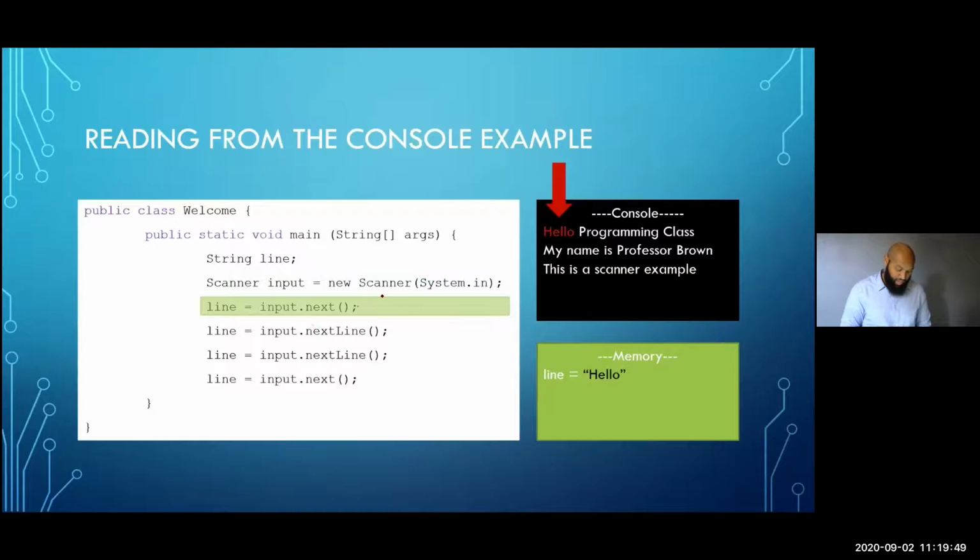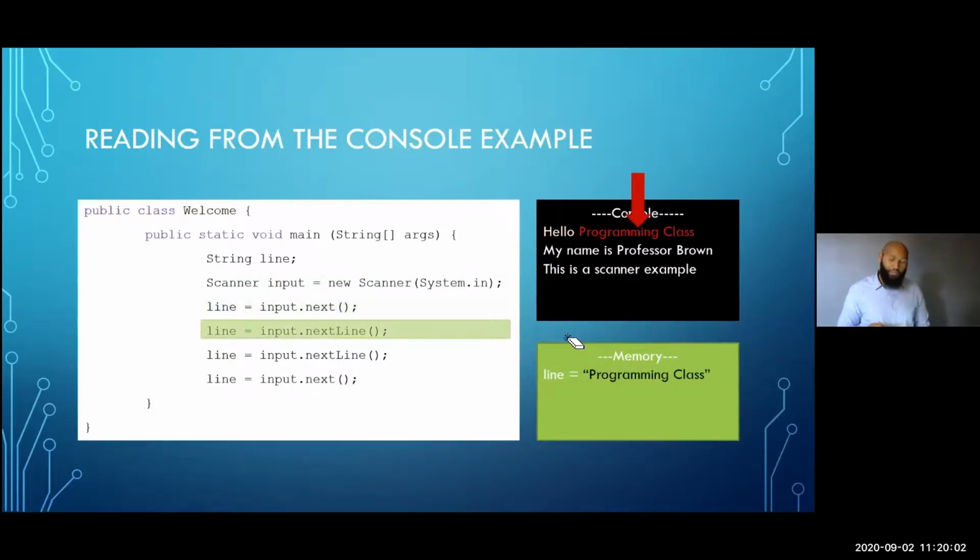Well, input.next is hello, so now line equals hello in memory. Then line equals input.nextLine, so the whole rest of the next line, you see down here, the variable line equals that in memory as well.